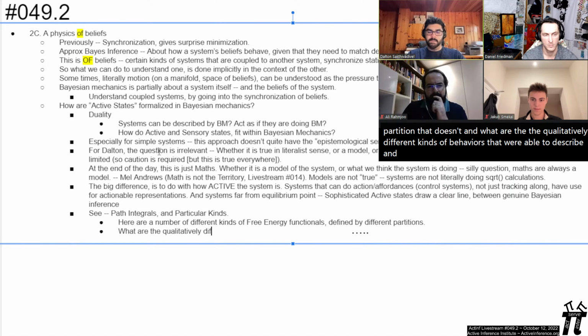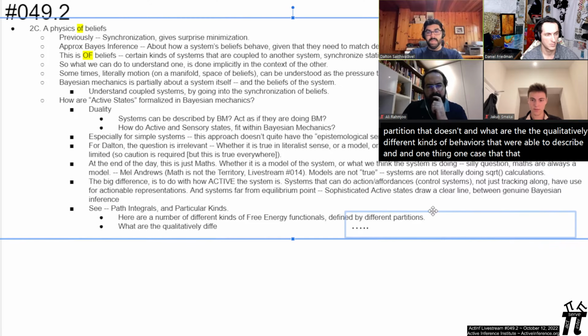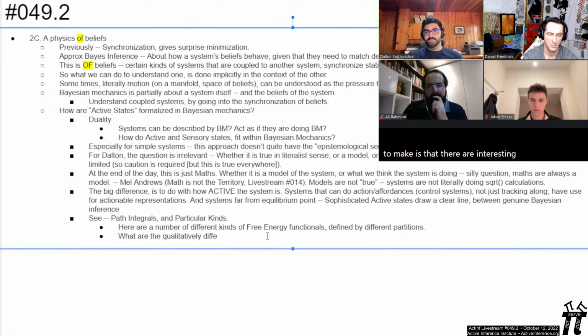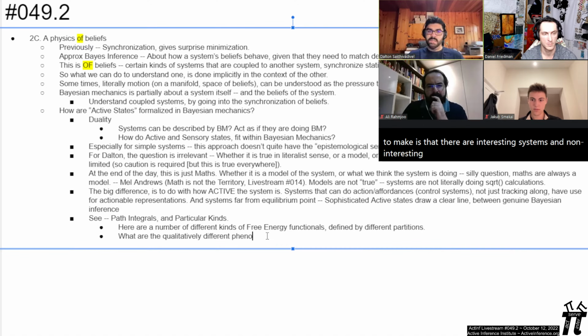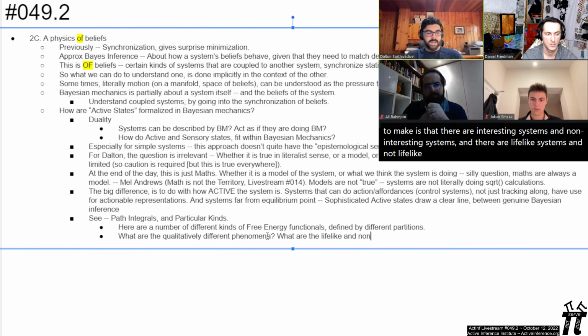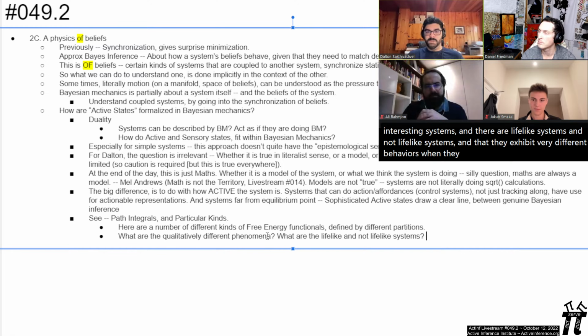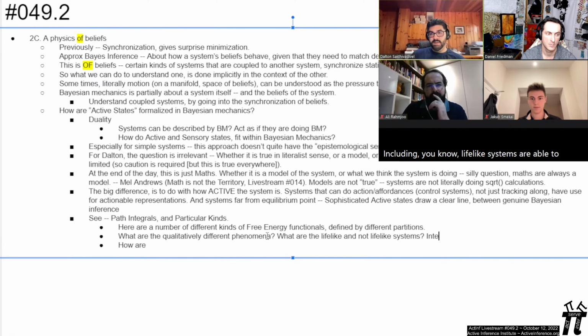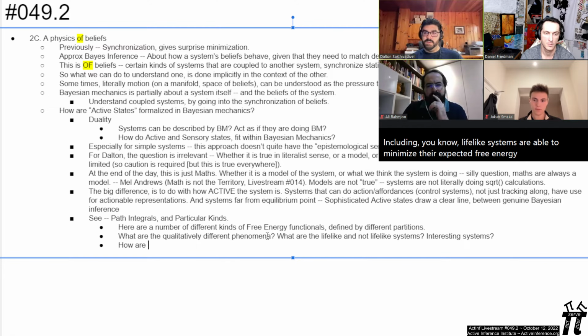And one case that paper tries to make is that there are interesting systems and non-interesting systems, and there are lifelike systems and not lifelike systems, and that they exhibit very different behaviors when they minimize their free energy, including, you know, lifelike systems are able to minimize their expected free energy. So it's not just a case of applied statistics.